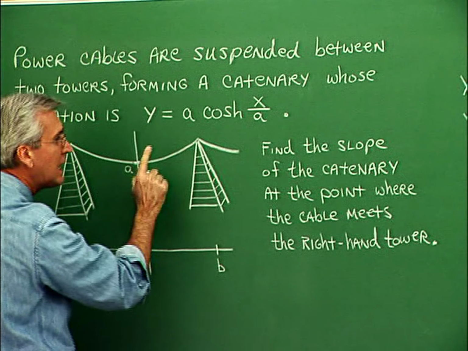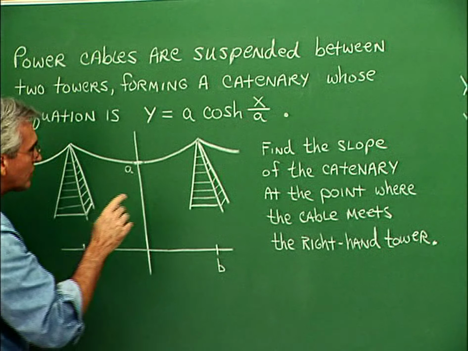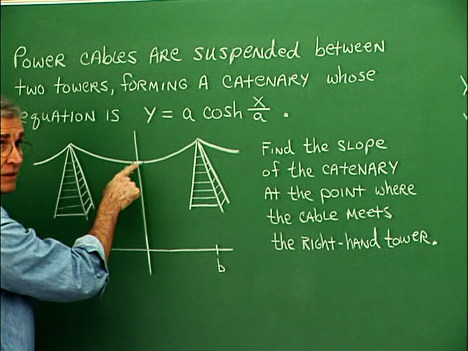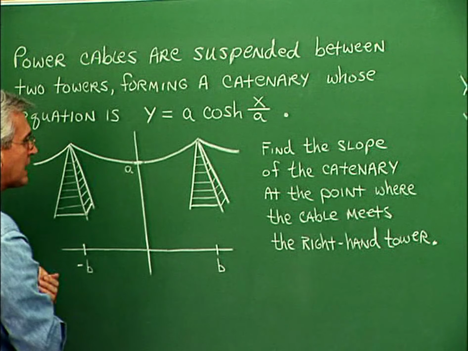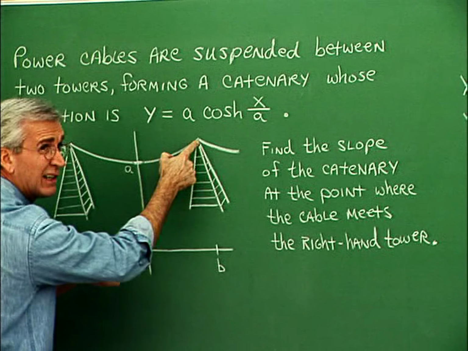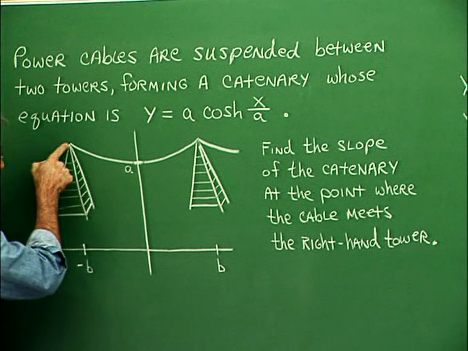So we want to find the slope of the catenary at that point. Now notice the labeling here. A is the height of the cable at the midpoint, at its lowest point.